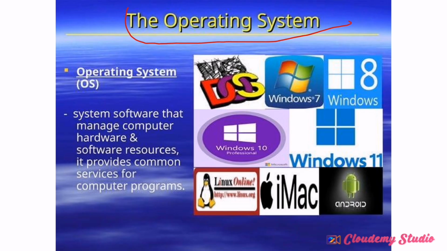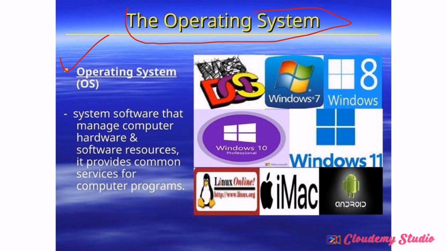The operating system. Okay, so here OS, that is an operating system. Let me explain a bit before I go any further. An operating system is the one that makes a computer work. As we all know, this is the computer. When you switch on the computer, the first thing is to start.